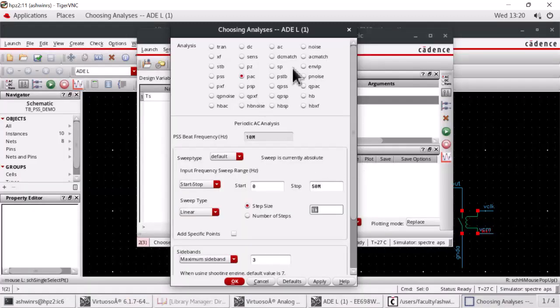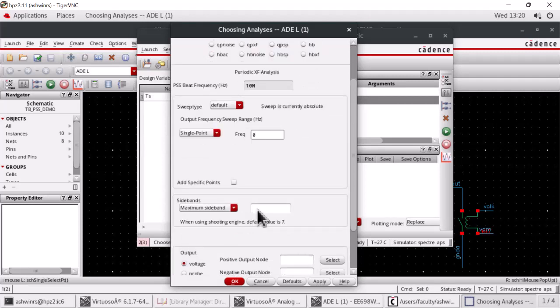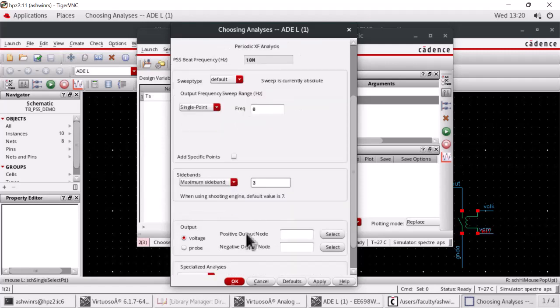For this PXF, I'll again look at only 1 point for now. So this is the frequency that you are interested in at the output, right? I am interested in DC at the output, and here again is the maximum sideband. That is, from how many sidebands at the input you want the frequency translation. I'll just say probably 3, and you have to tell what output you are interested in, right?